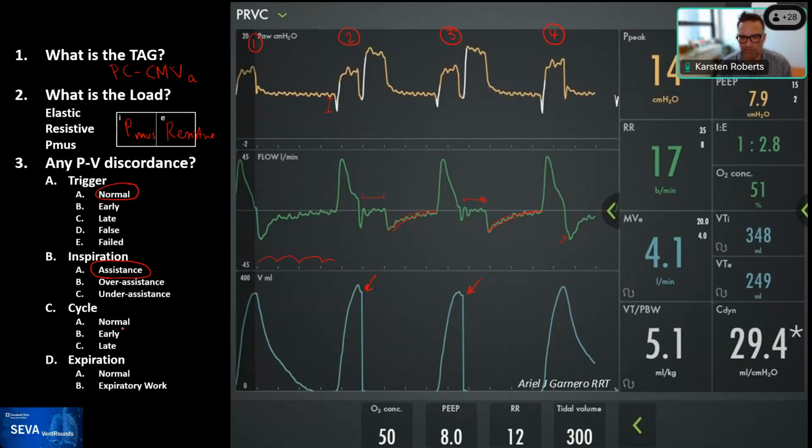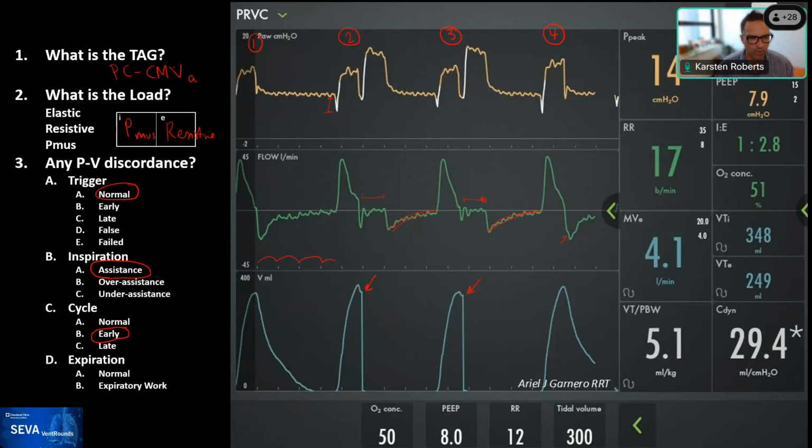Yeah, and very quickly, everybody chimes in to say that this is an early cycle. It's certainly not normal, as Rob pointed out, because we see this second waveform coming. And I think the temptation, at least within the respiratory therapy community, is to come into the room and see something like this and say the patient is breath stacking, but not address the issue as to why.